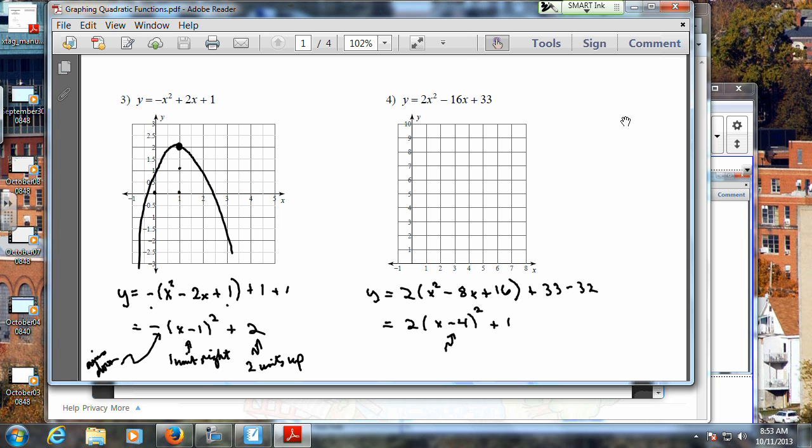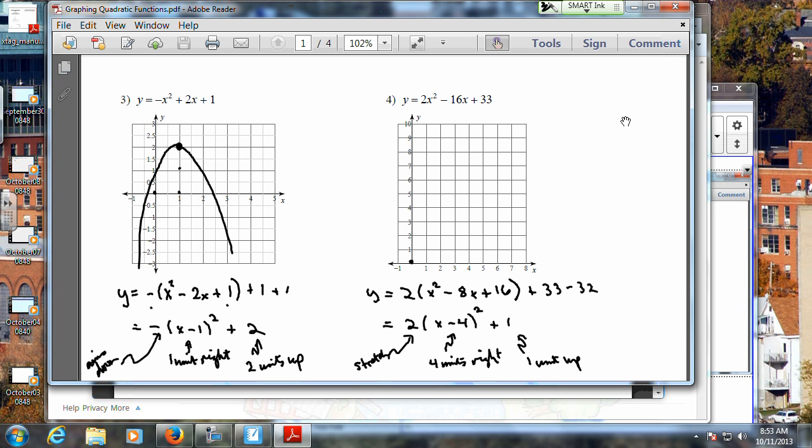X minus 4 means 4 units right. Plus 1 means it's 1 unit up. And times 2 means that I stretch the parabola on the y-axis. So let's do those things.